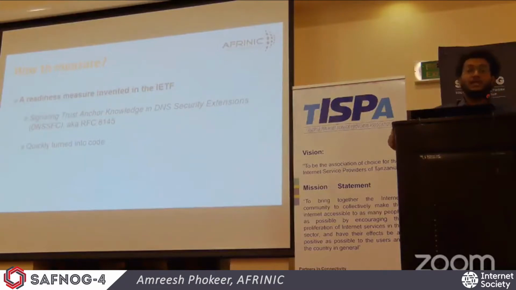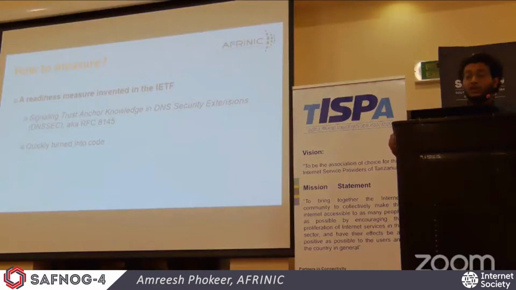The readiness measure is called Signaling Trust Anchor Knowledge in DNS Security Extensions, also known as RFC 8145. What the standard says is that if you implement the protocol, then you need to communicate the trust anchor material to an authoritative server.